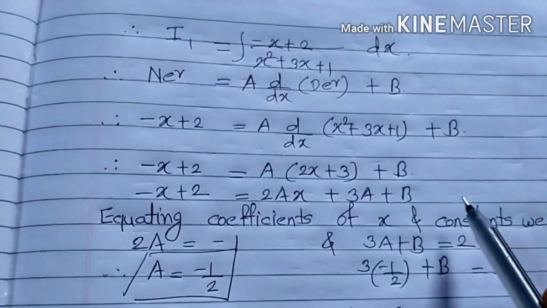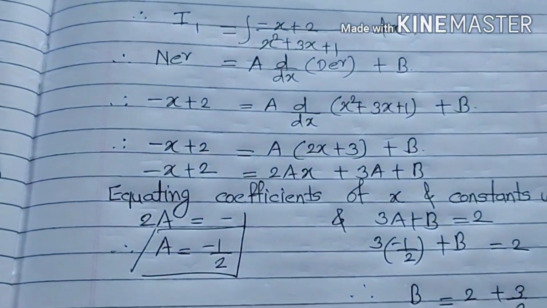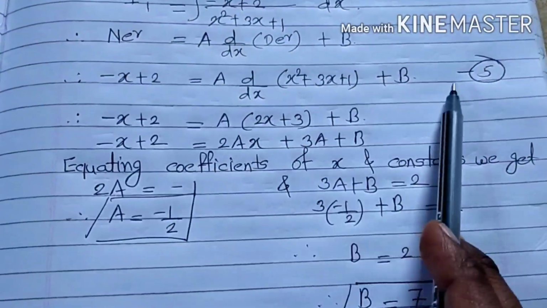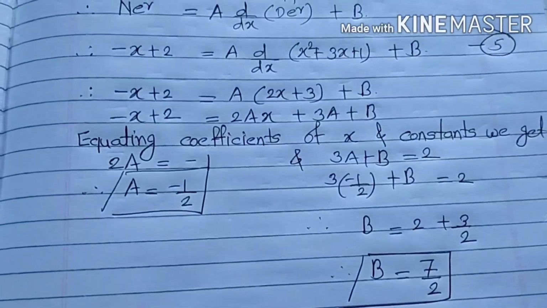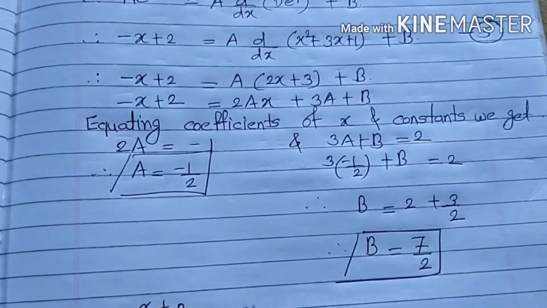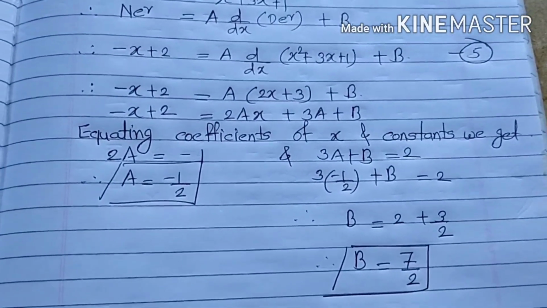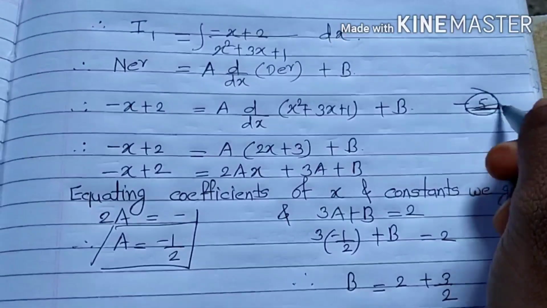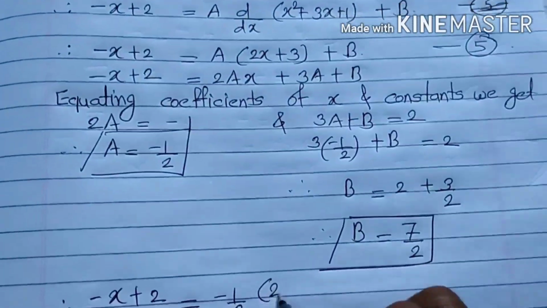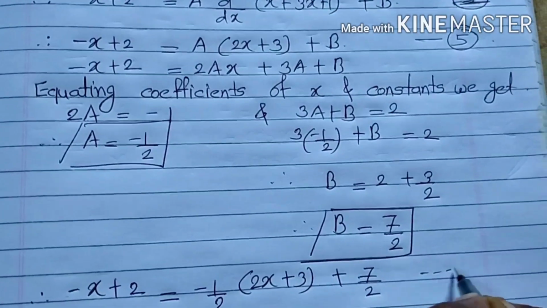Using these values, from equation 5, the numerator minus x plus 2 is equal to minus 1 by 2 into the derivative of the denominator, 2x plus 3, plus 7 upon 2.